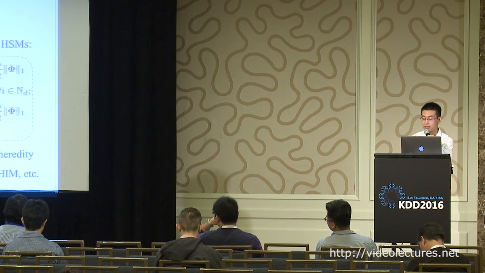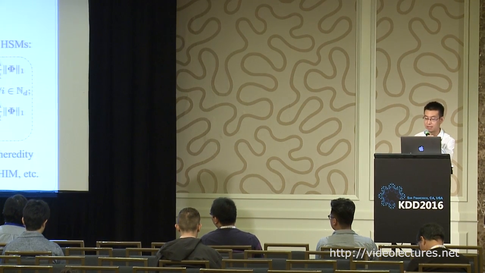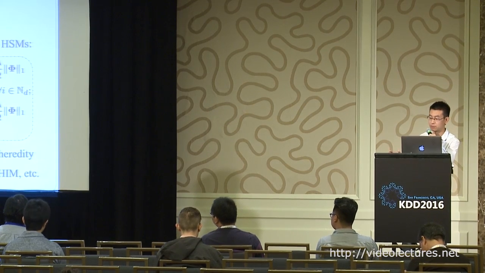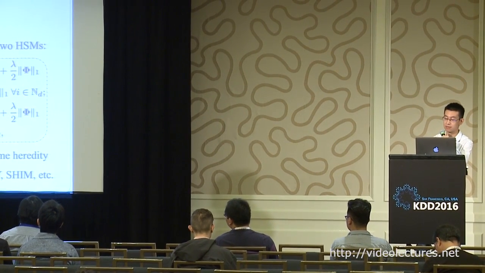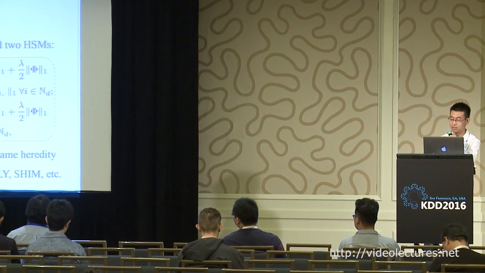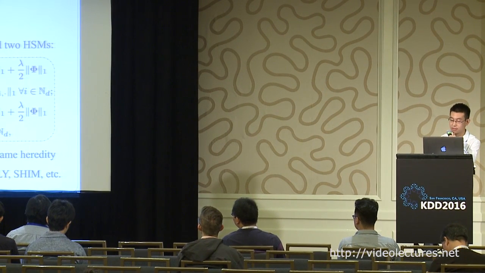Both the strong and weak heredity have been well studied. For example, Bien, Taylor and Tibshirani proposed two hierarchical sparse models, one that applies the strong heredity and another that corresponds to the weak heredity. In these two objective functions, they use an inequality constraint to achieve this heredity structure.